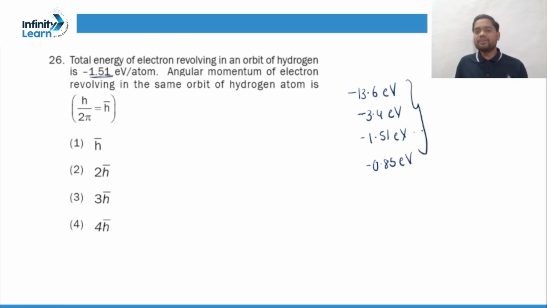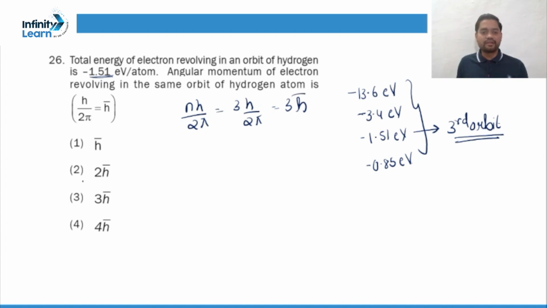So basically they are talking about the third orbit. The angular momentum of an electron revolving in the same orbit will be, and we know that angular momentum is equal to nh upon 2 pi, where n is equal to 3. So it is 3h upon 2 pi, that is equal to 3h bar. Answer is this, 3h bar.